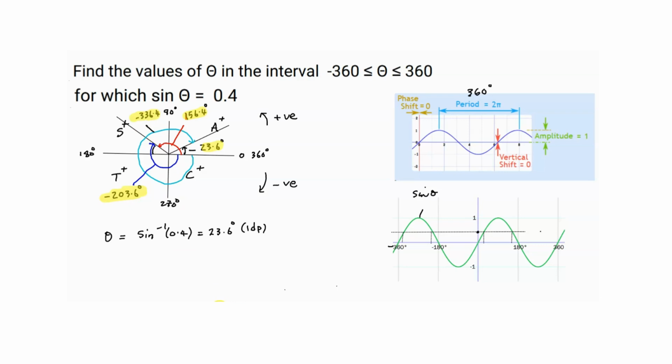So it means that we can write the values for theta in ascending order, which is minus 336.4 degrees to 1 decimal place, then minus 203.6 degrees to 1 decimal place, and then 23.6 degrees and 156.4 degrees to 1 decimal place.